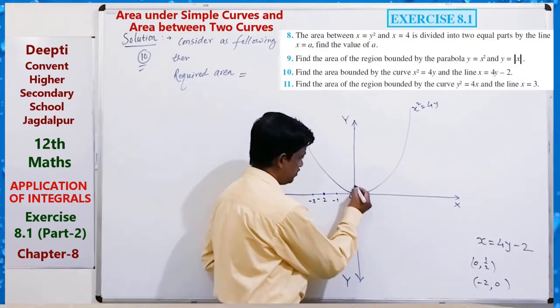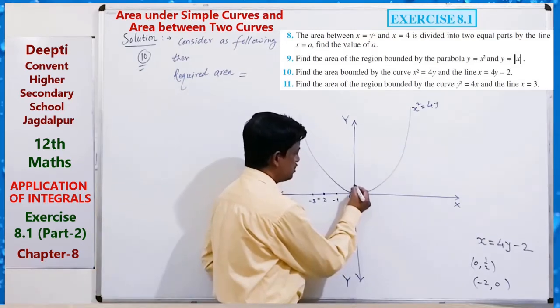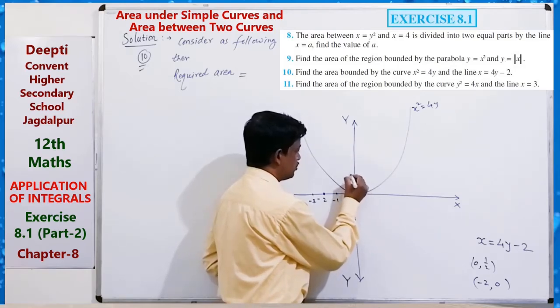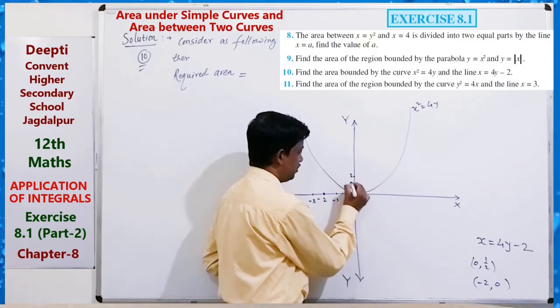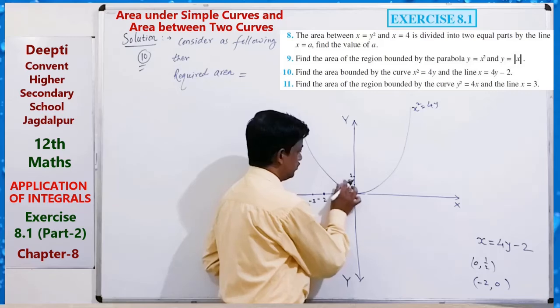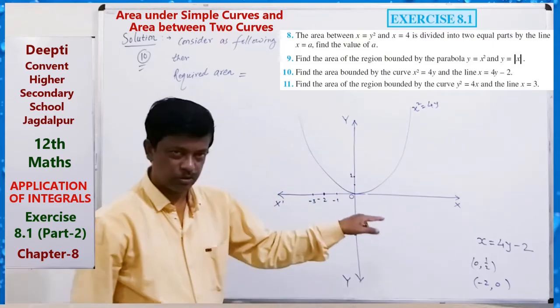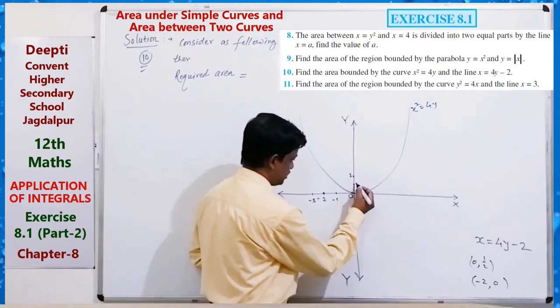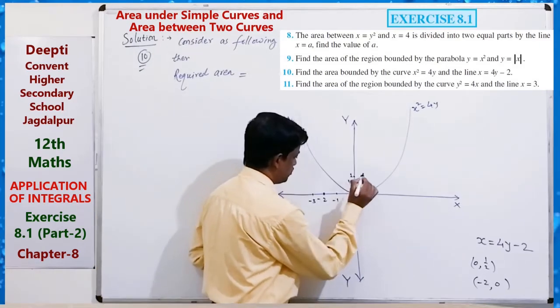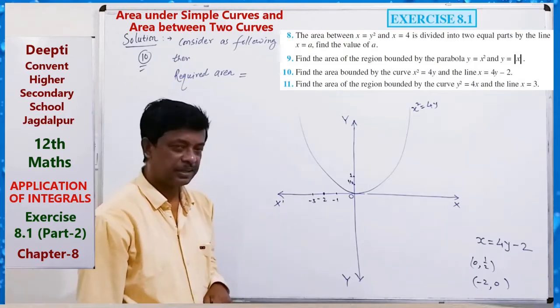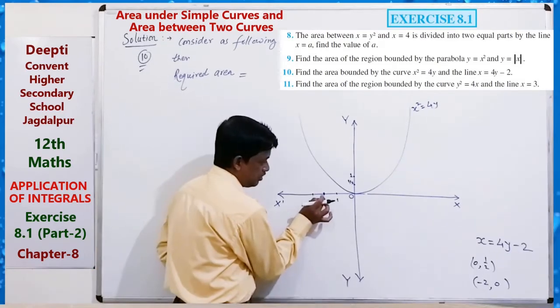Half means maybe here, y equals to 1, this is half. x equals to 0, y equals to half. Half is this, 1 by 2. Clear? Now, how can I draw the graph of line?